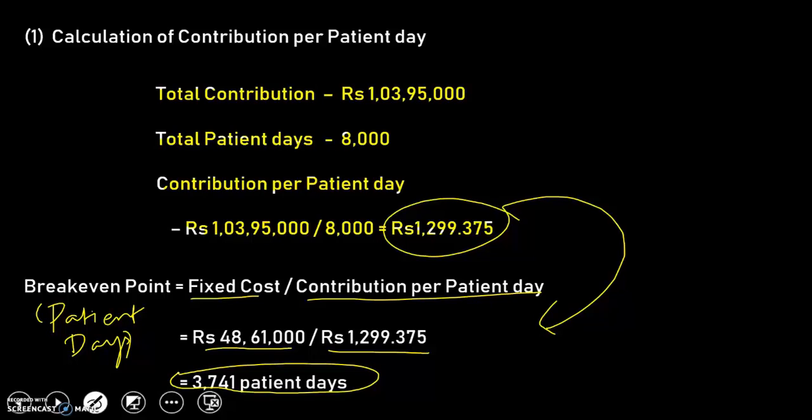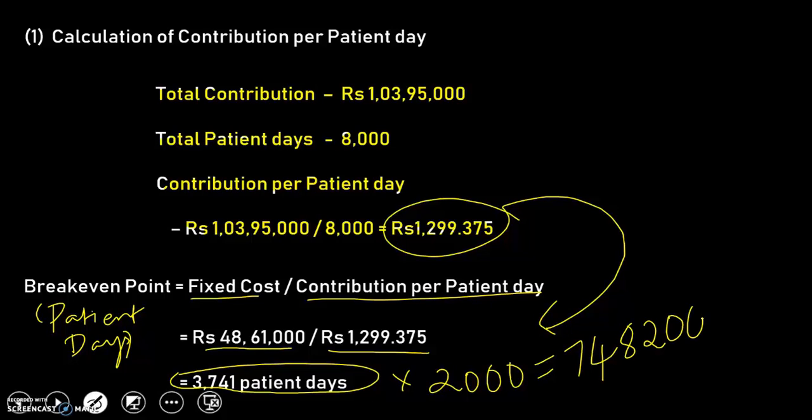That is, when you have 3,741 patient days, what will be your revenue? That is 3,741 patient days into 2,000. Let's see what you get. 3,741 multiplied by 2,000. What you are going to get is 74,82,000. Fine. This is your turnover, okay, or this is your income.